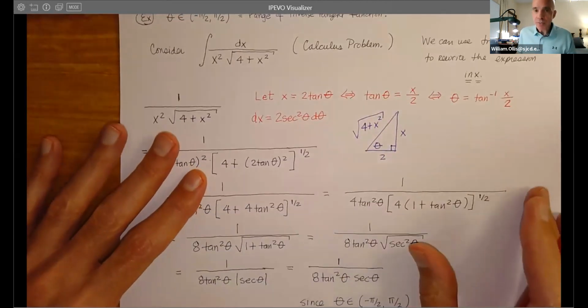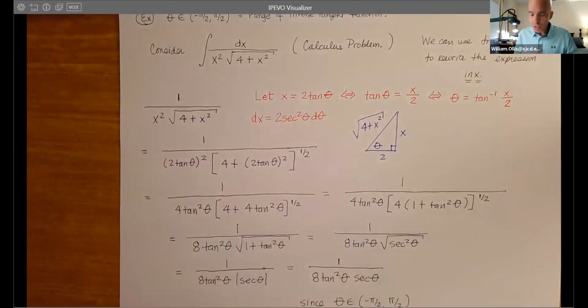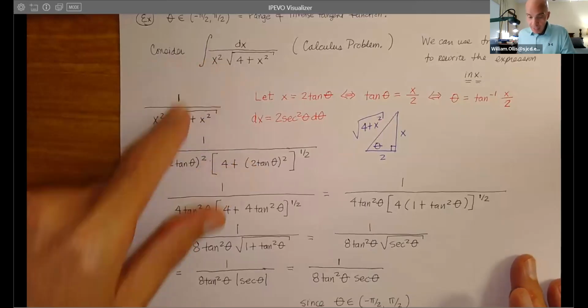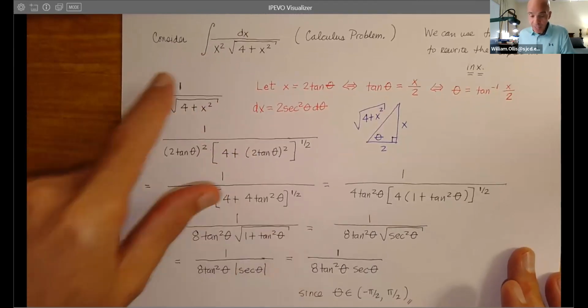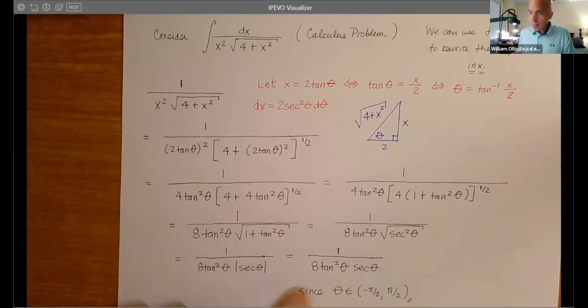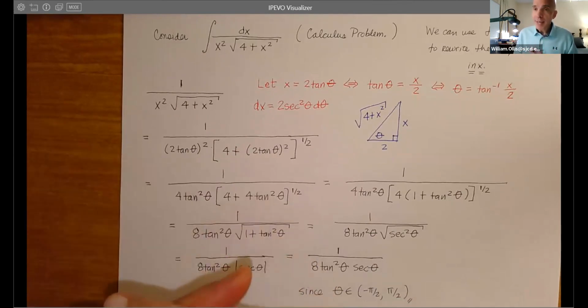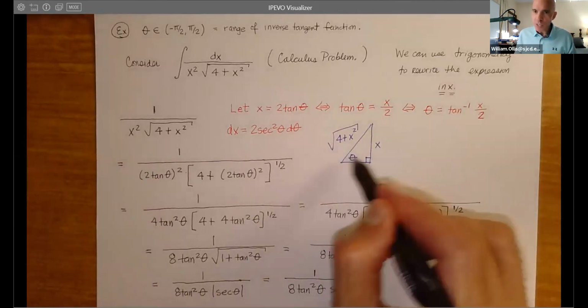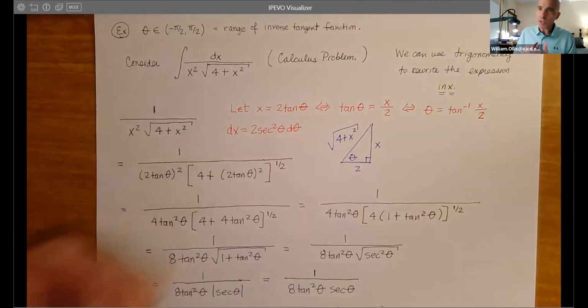So you're going to do what they call a miscellaneous substitution. You're going to replace dx with this, and you're going to replace the algebraic expression here with this. And then you have created what we call a trig integral, which is doable. Once you're done, you'll have all these trig functions and you'll use this triangle to go back to the original variable.